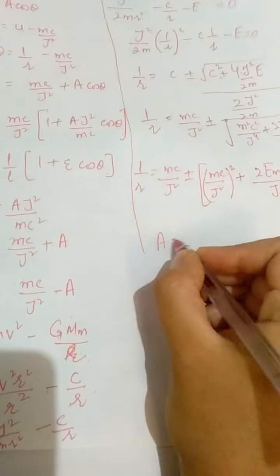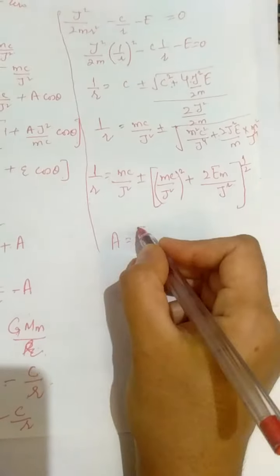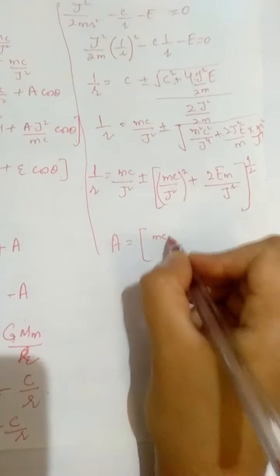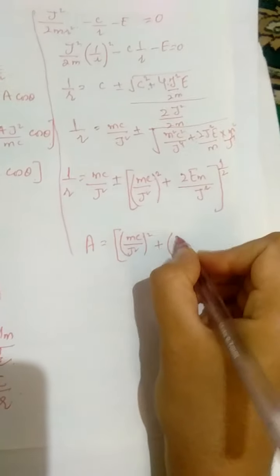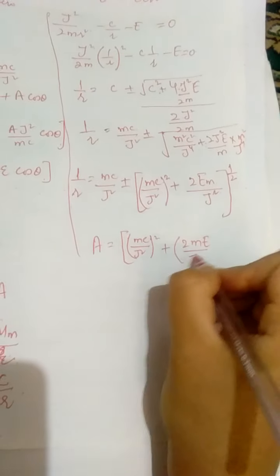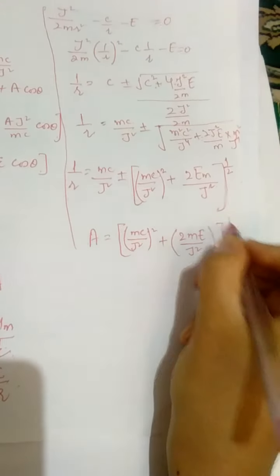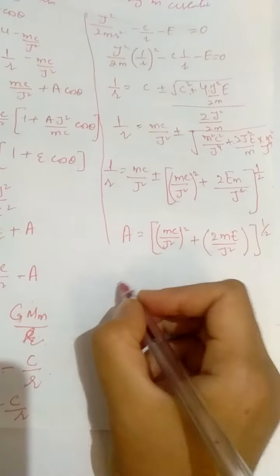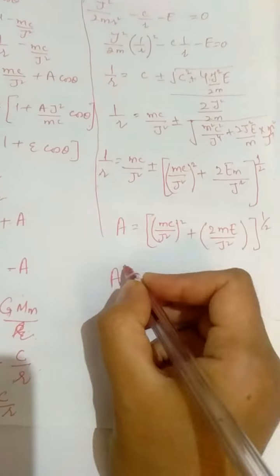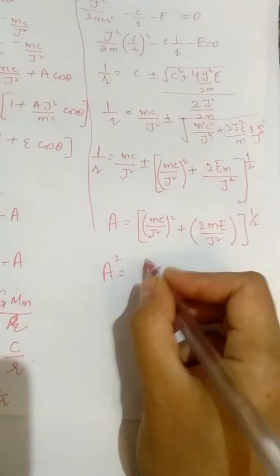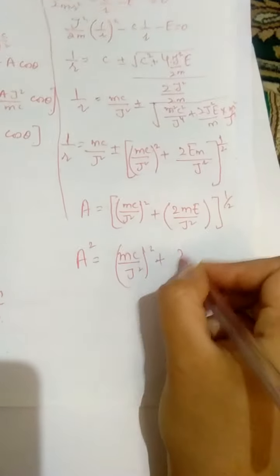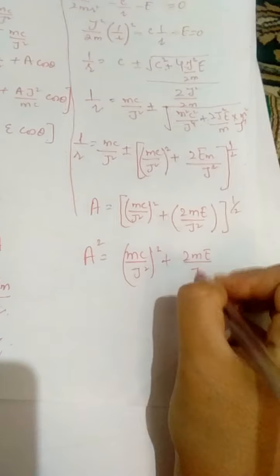So the value of a is this much. It is mc by j square whole square plus 2me by j square whole raised power 1 by 2. So square of a will be this much, mc by j square whole square plus 2me by j square.